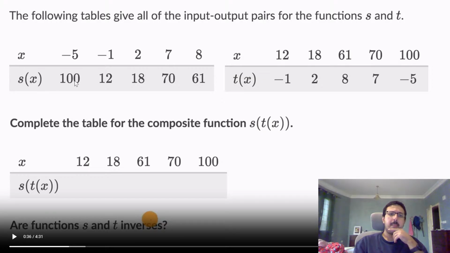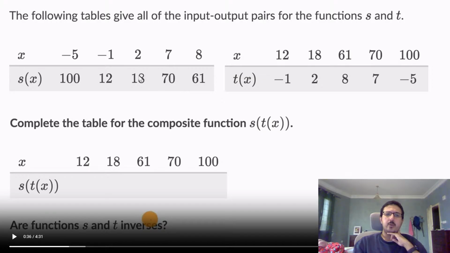So we got x minus 5 is 100. So minus 5 here is 100. That's an inverse. And I got minus 112, minus 112 inverse. Wait, this should be t. Wait, this is t.